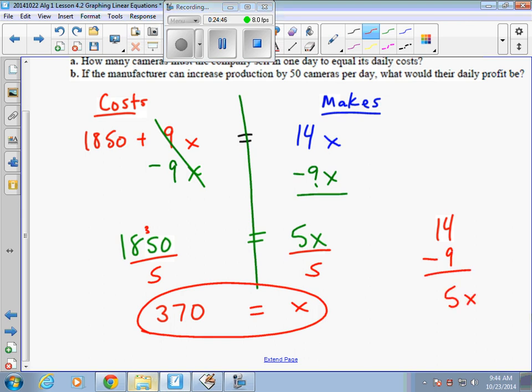So $5 times X. If it says 50 cameras, you multiply 5 times 50, and he's going to make $250 more per day. That's the second part of the question. He makes $250 for every 50 cameras he sells.